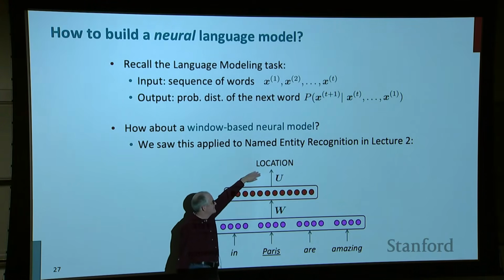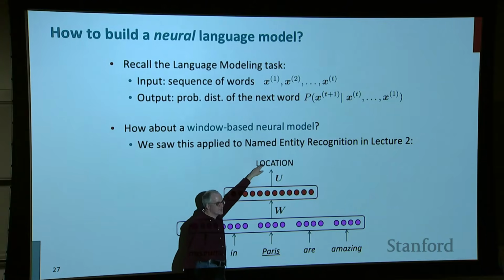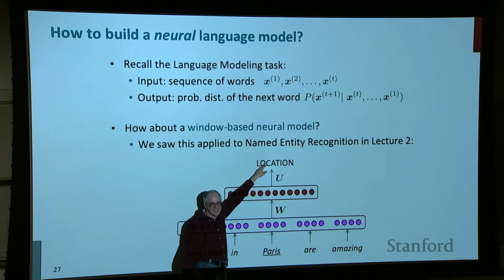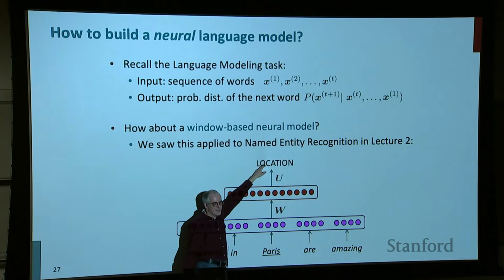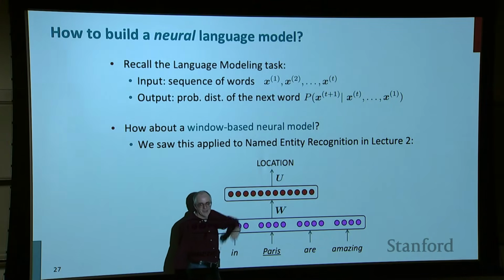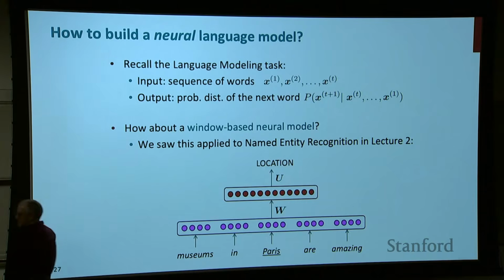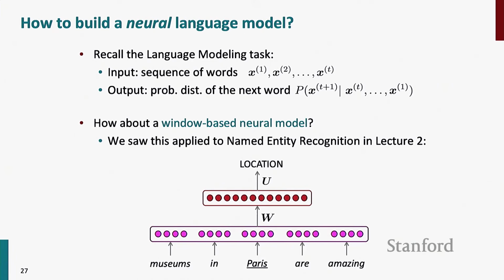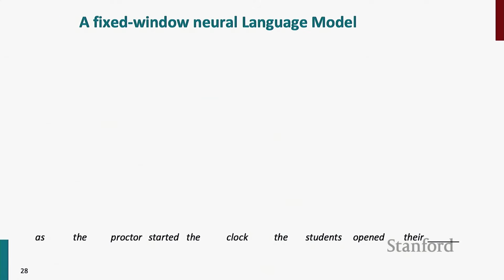We'd have a model just like this one, apart from up the top, instead of doing this binary classification, we'd do a many way classification over what is the next word that is going to appear in the piece of text. And that would then give us a neural language model. In particular, it'd give us a fixed window neural language model. So that we'd do the same Markov assumption trick of throwing away the further back context.